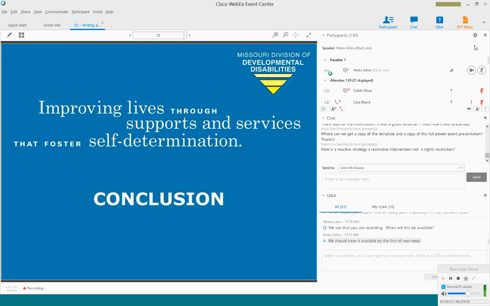How is a reactive strategy a restrictive intervention, not a rights restriction? I think in practice it doesn't really matter a whole lot, but a way to think about it is a rights restriction is something that you've decided to put in place, so the person's not going to have access to something, or the rights are going to be limited, but the restrictive intervention is how you're actually going to enforce the rights restriction.